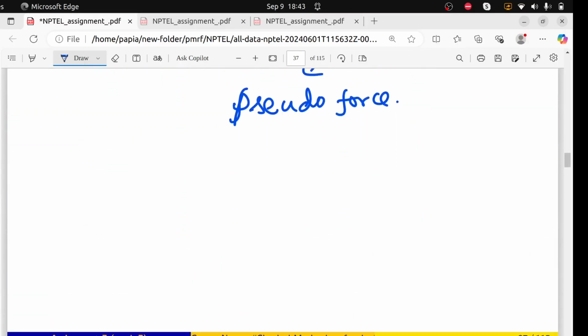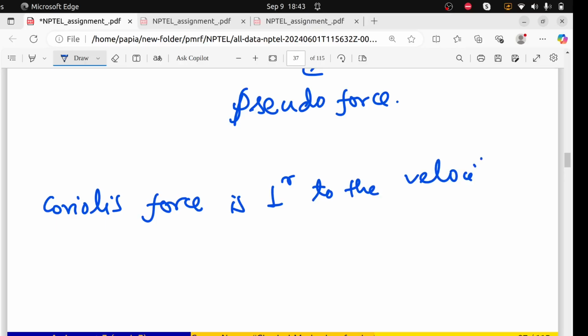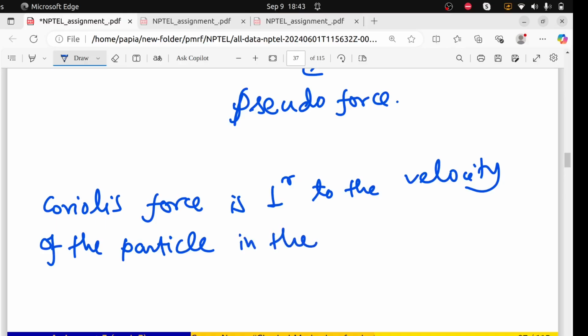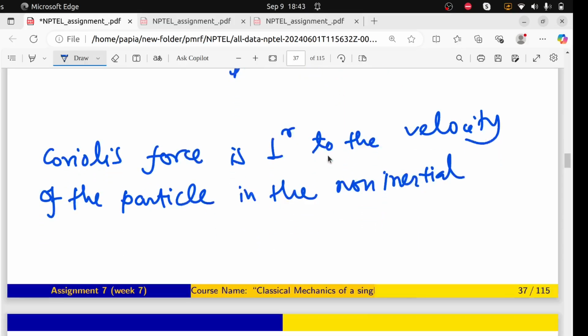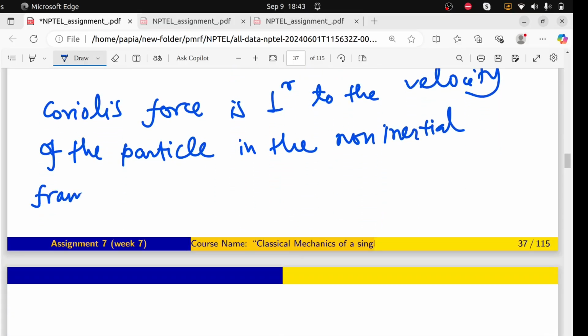So, the Coriolis force is perpendicular to the velocity of the particle in the non-inertial frame of reference, right?